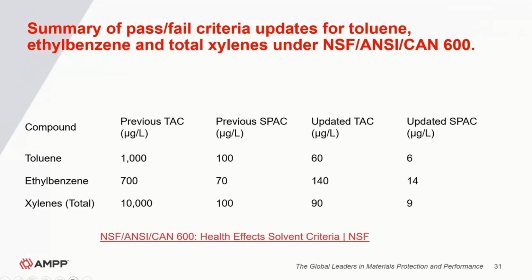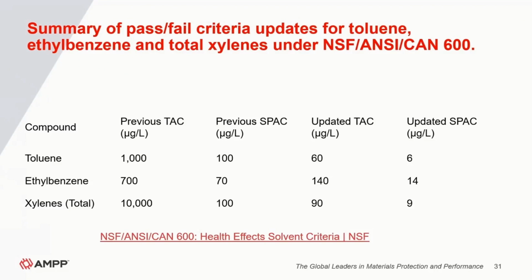is those three solvents that we all know are generally used in epoxies, toluene, ethylbenzene, xylene, other formulations use them, and there are mixes. But the previous limit, if you can see, was 1,000 grams per liter. Then you got to 100.